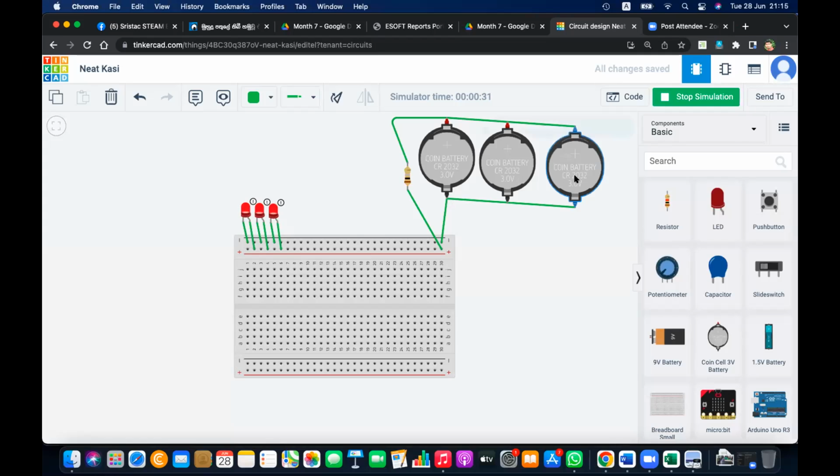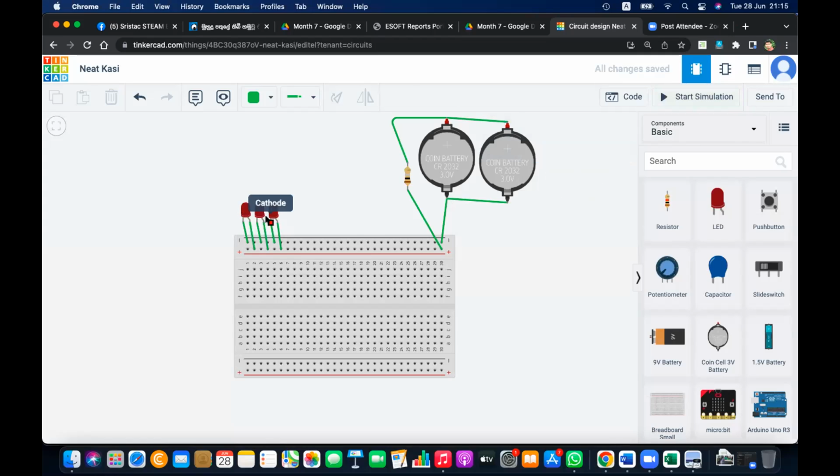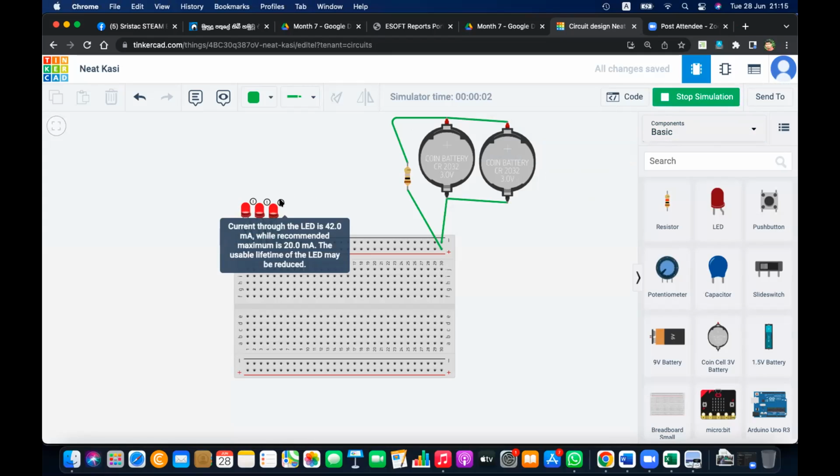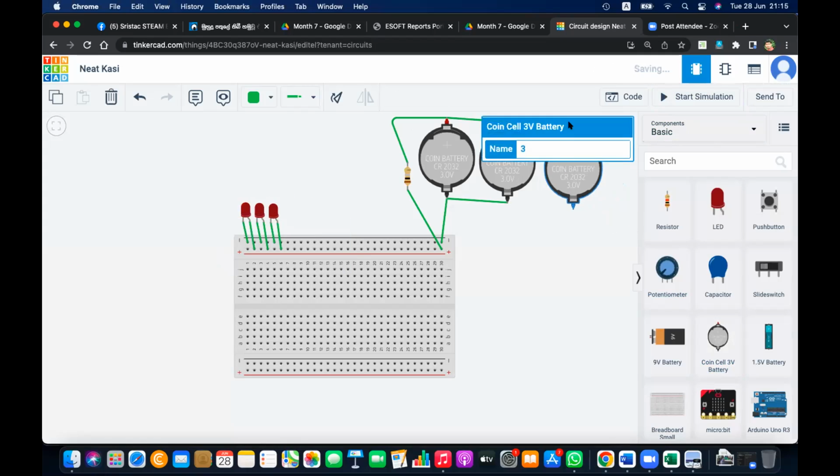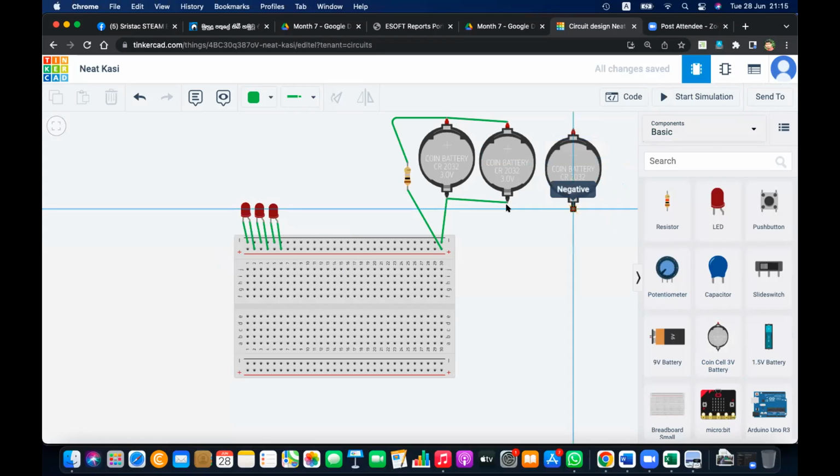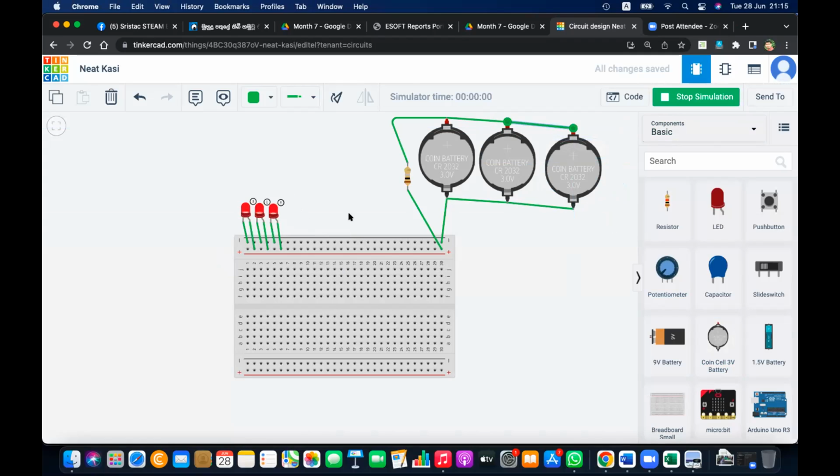If you give 2 batteries, what is the amperage? Let's simulate. You can see 42 milliampere with 2 batteries. But when there are 3 batteries, it will be increased. Now simulate, you can see it's increased to 52 milliampere. So this is with 1 ohm.